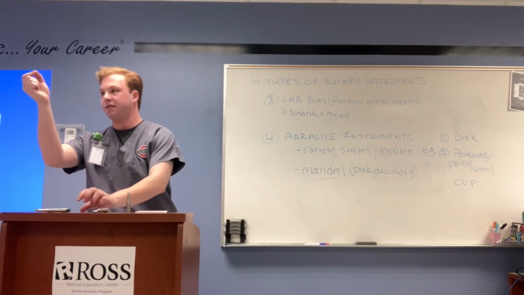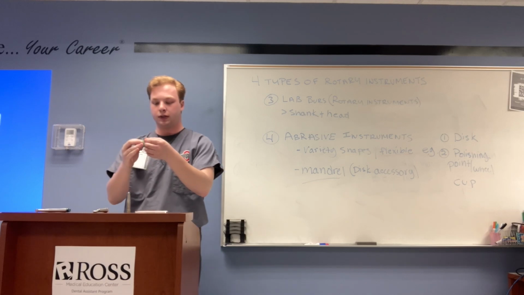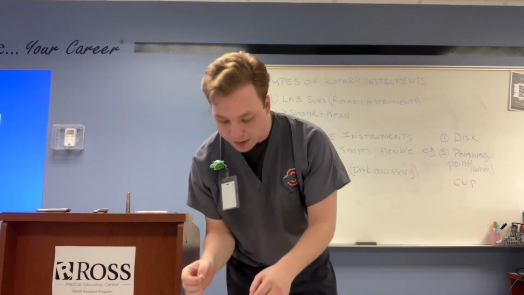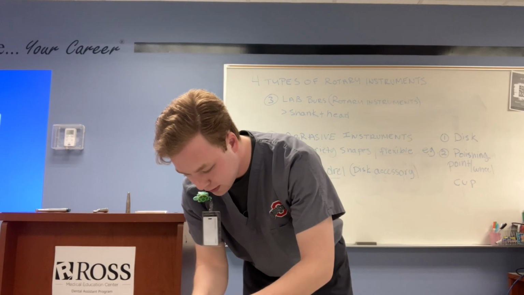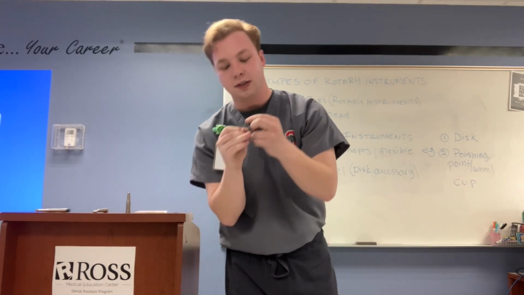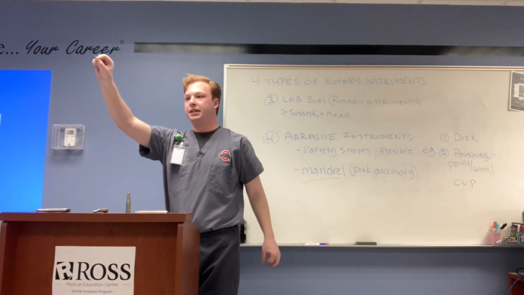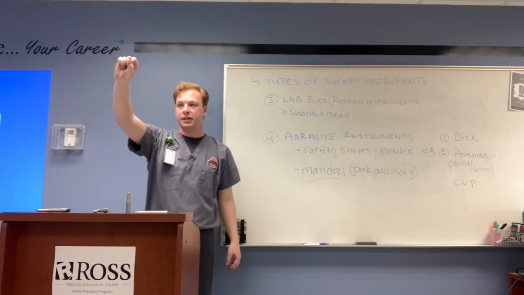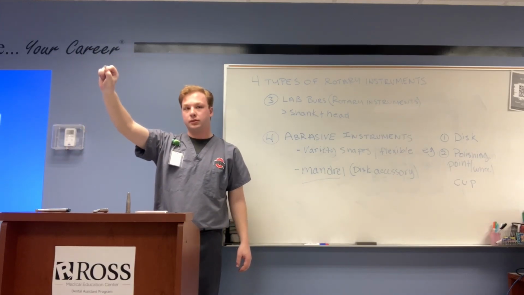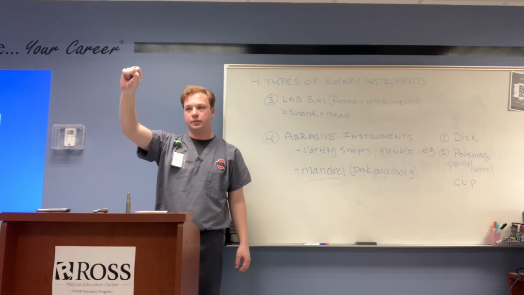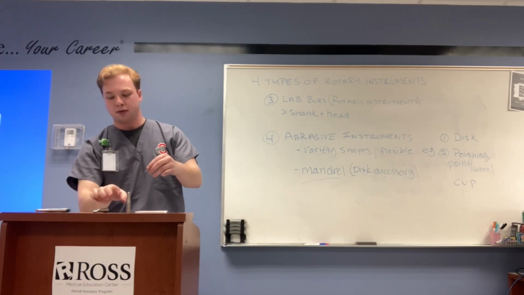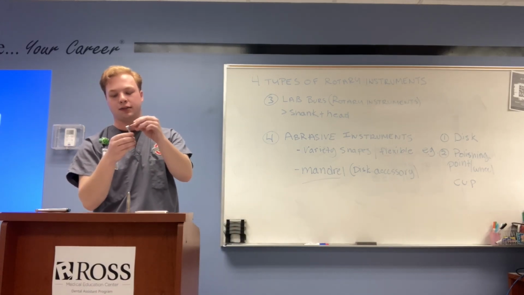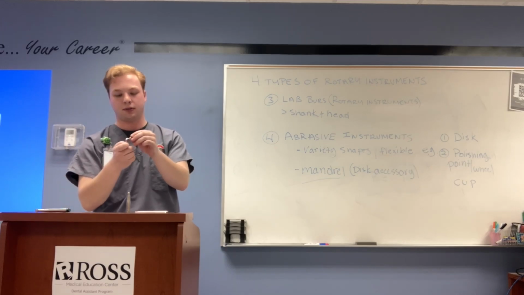So for example, I have my mandrel here. If I get a proper size disc, I can snap the disc onto the mandrel and then you can insert that into your handpiece.